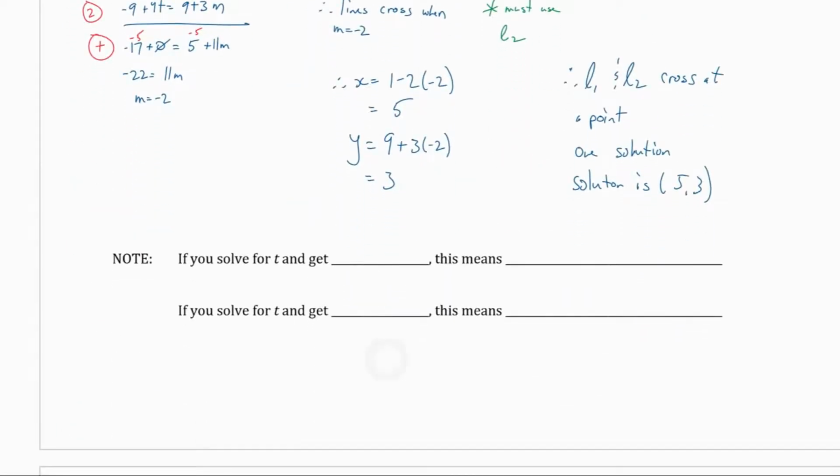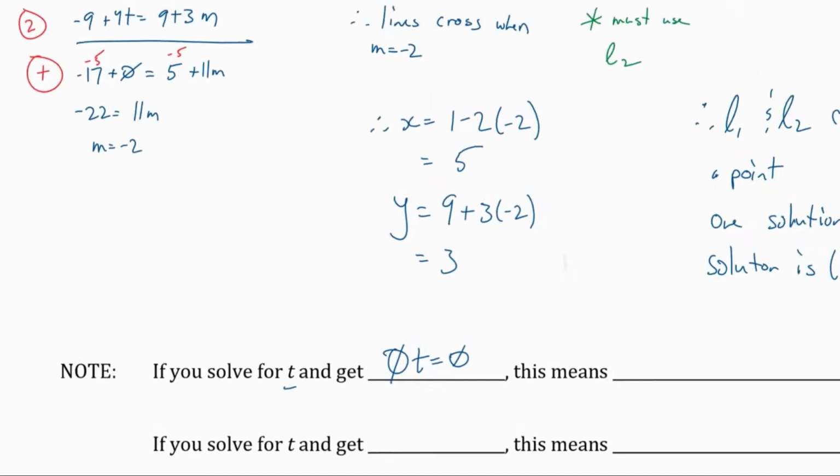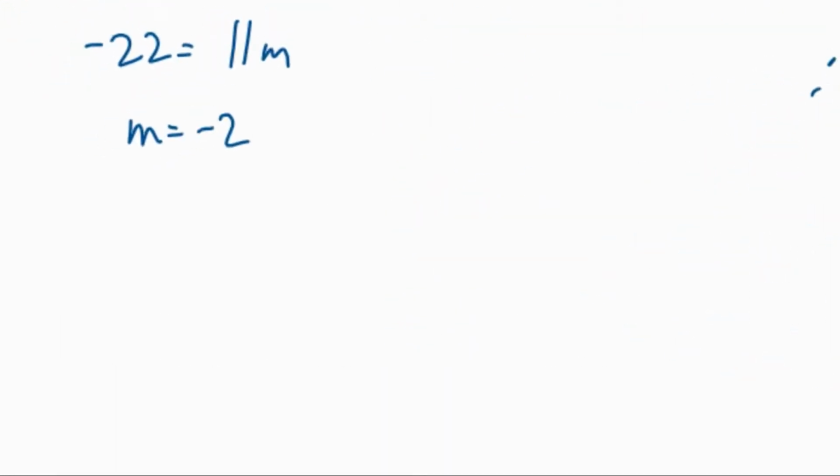So here are our other possible outcomes that we have when we are solving in parametric form, okay? And let's say the parameter we solve for is t. In the case above it was m, but let's just say it was t. We might get this: 1t, or 1m, equals 2.